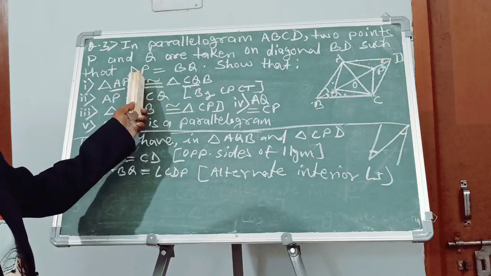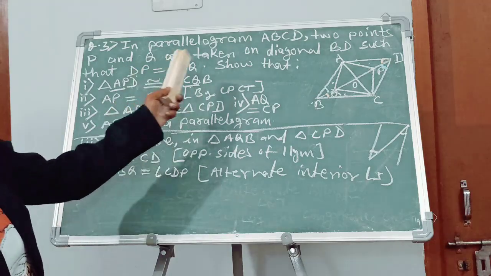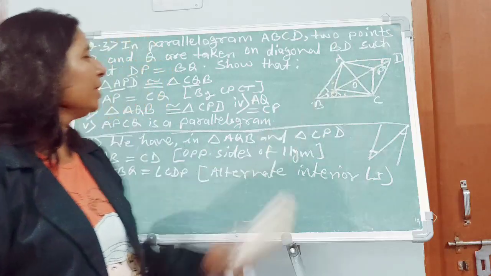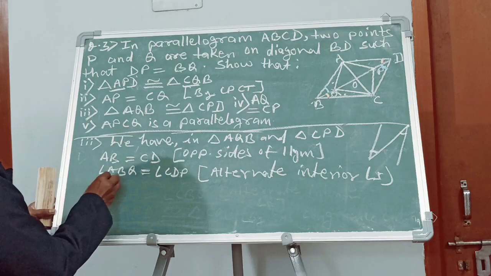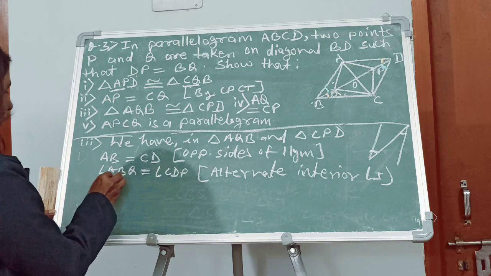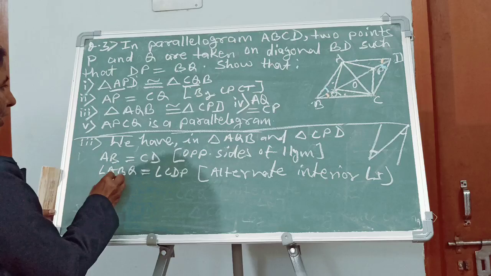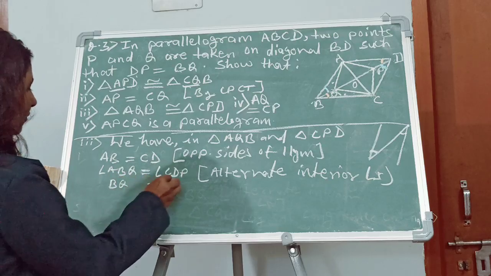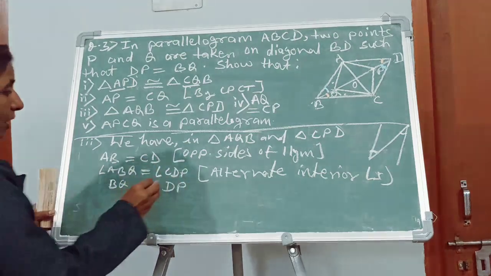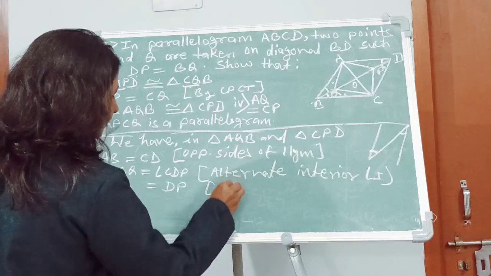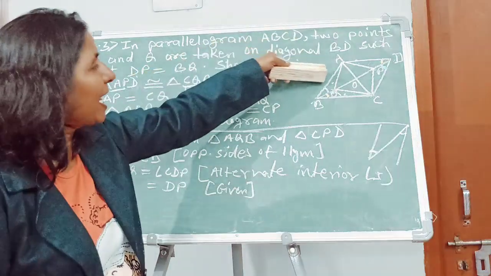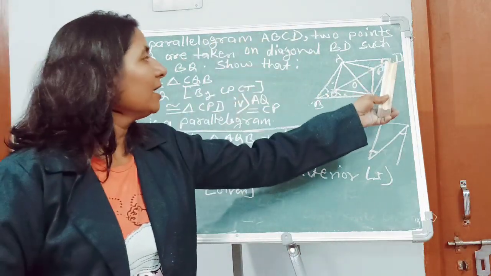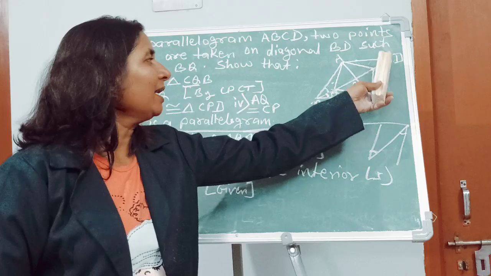Here you can see in the starting itself it is given DP is equal to BQ, right? So we can say BQ is equal to DP. It is already given. So again what we are observing in these two triangles is side angle side.